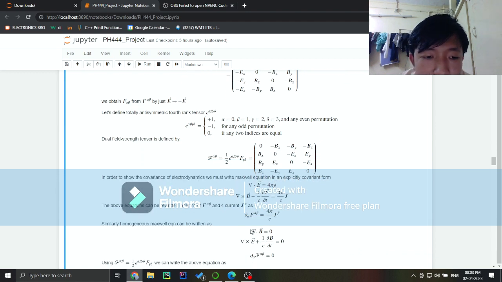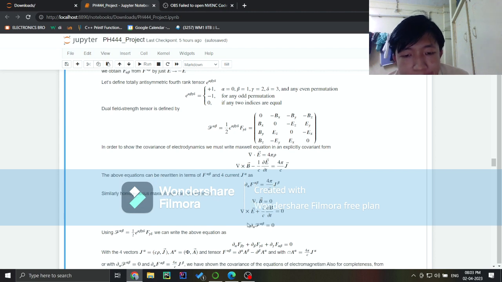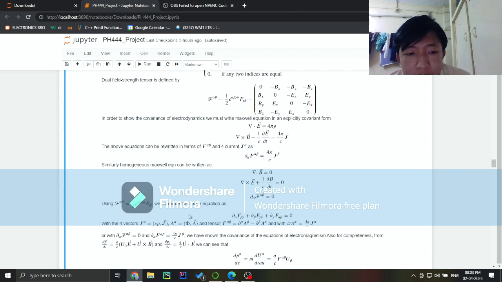Now again, if we consider our tensor f alpha beta, then these equations can be written like this. So this is basically the electric field part of our Maxwell's equations, and the magnetic field part, the homogeneous part, can be written like this. Now again we substitute this curvy f alpha beta as this, and then we can write this entire thing as this.